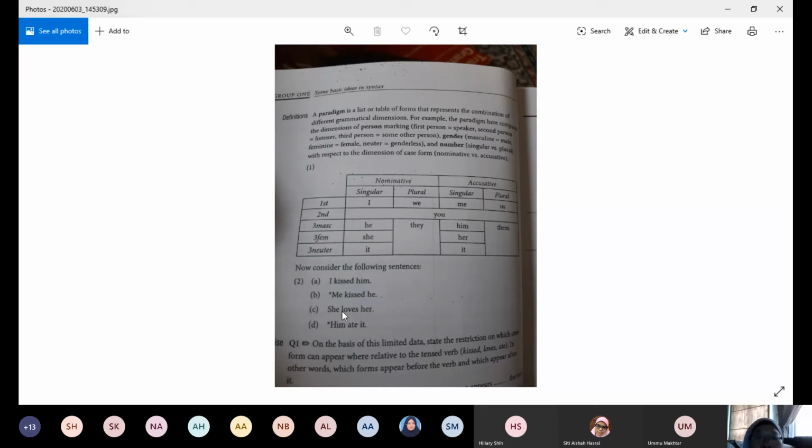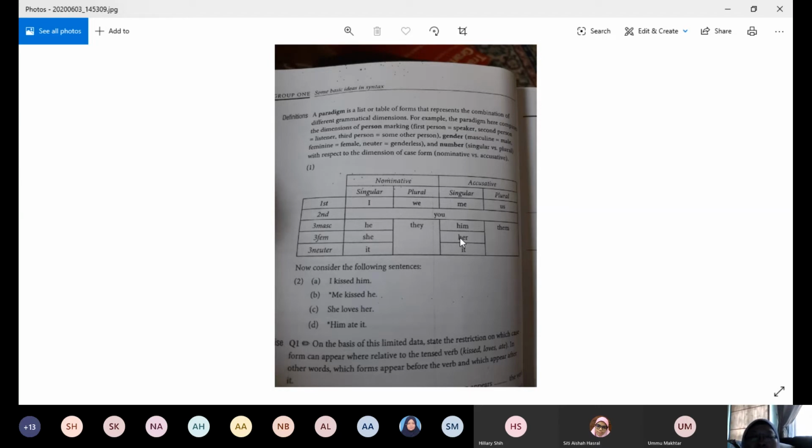Then we have she loves her. It is grammatical, but it's a bit ambiguous. She loves her. You can say she is singular, third person, feminine. Loves her. Her is here. So her is third person, feminine, singular, accusative.